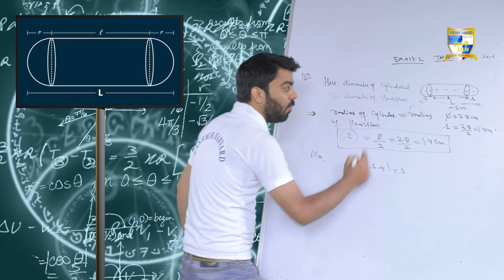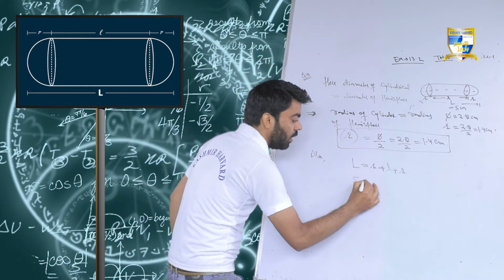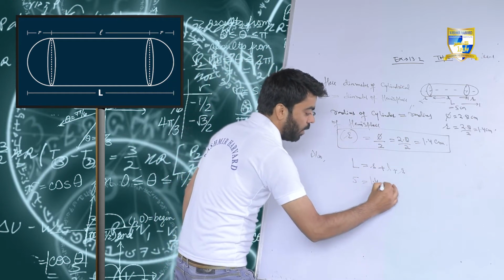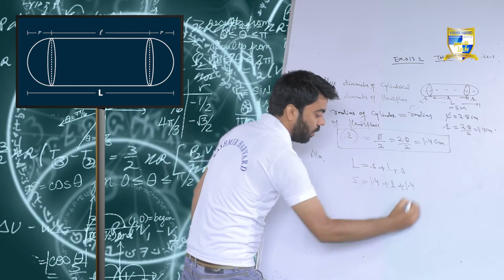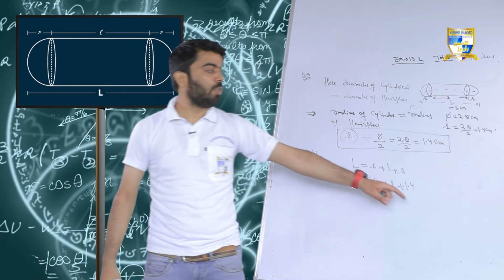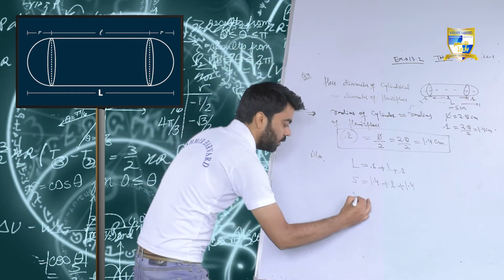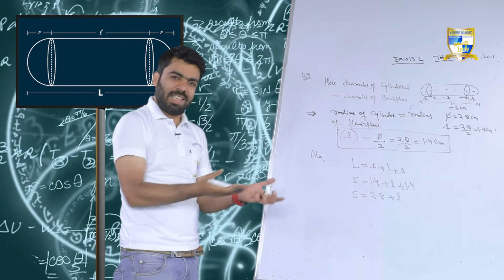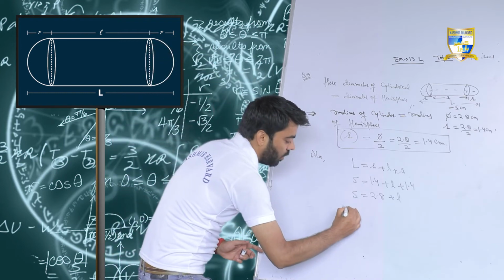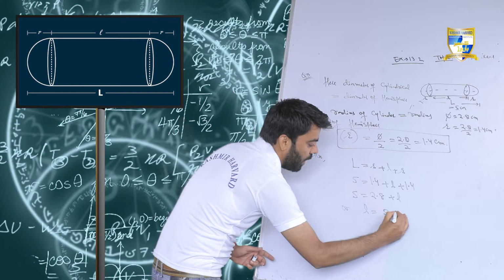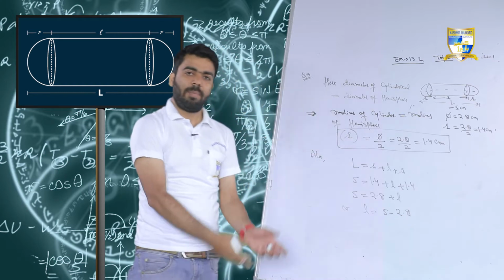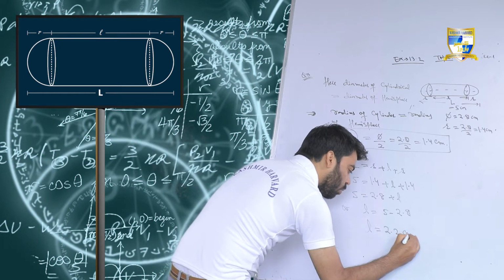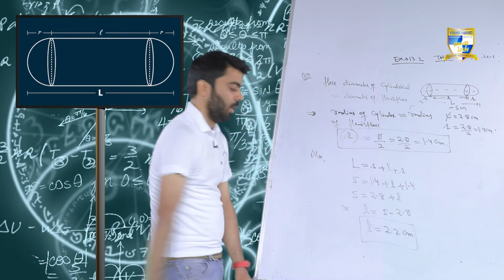So 5 centimeter equals 1.4 plus l plus 1.4. 1.4 plus 1.4 is 2.8, so 5 equals 2.8 plus l, and l is equal to 5 minus 2.8, which is 2.2.